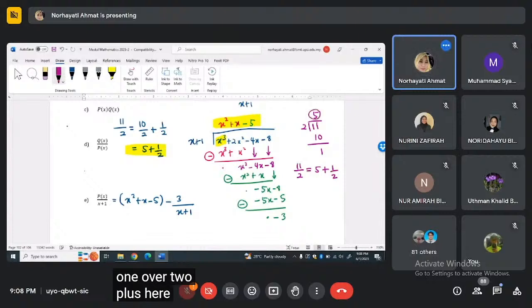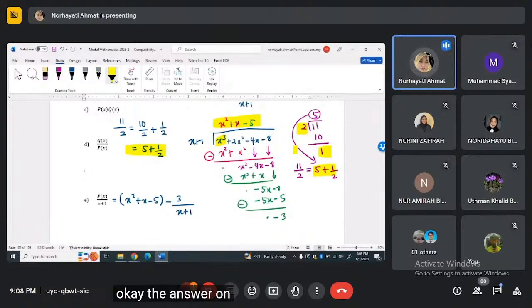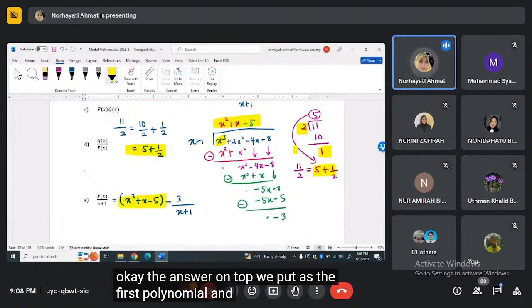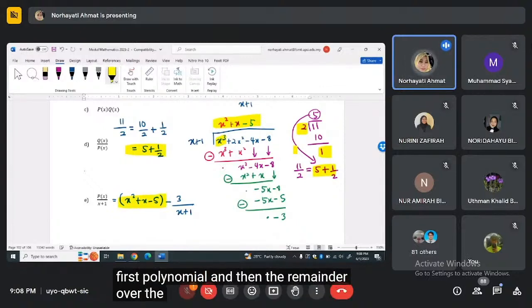So we get the same answer, using the same concept. The answer on top we put as the first polynomial and then the remainder over the denominator.